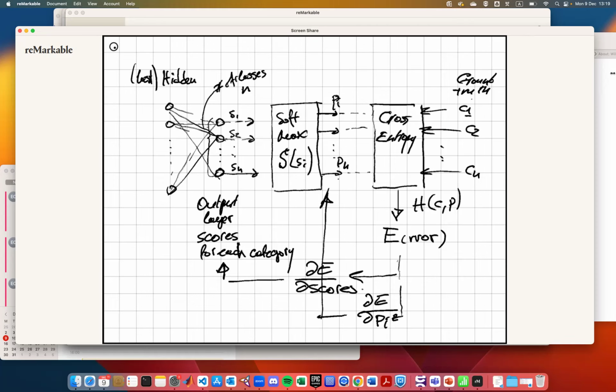Multiplied by dpi by d score i. So we need to take a derivative with respect to each score.